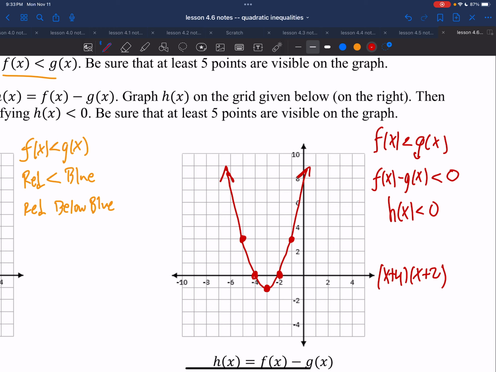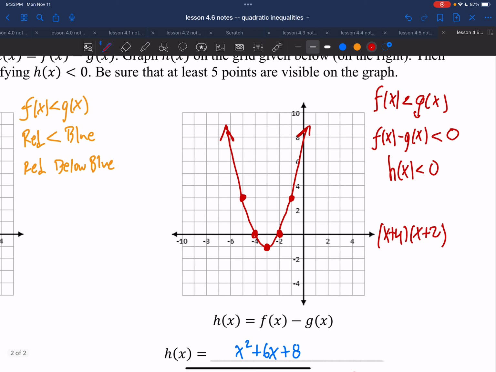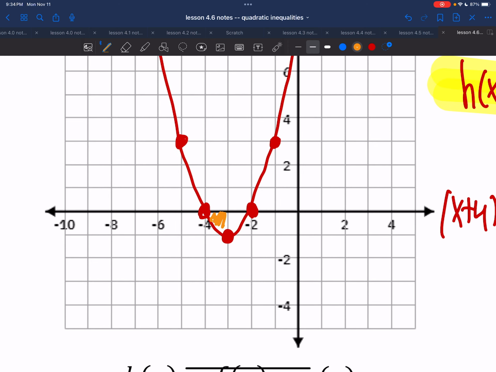Now what you're doing, you see, is you're taking the two functions' subtraction and looking at when that new function, which is the difference between the two, is less than 0. And where it's less than 0 is right down here. This is where it's negative. So it's in between -4 and -2.